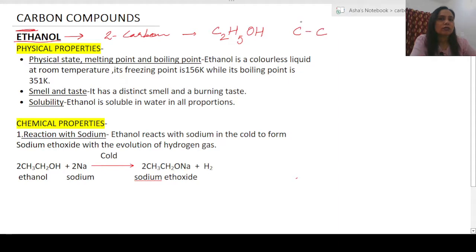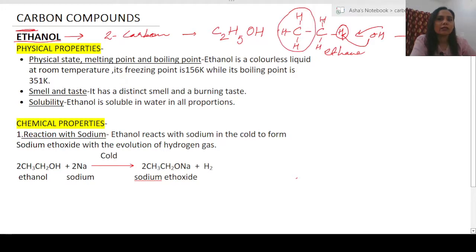So this is the ethane structure, 2 carbon and around each carbon 4 single bonds. Right, it is ethane. Now if in this ethane the alcohol group enters, it will replace this one H with OH. So we will have this whole thing as such.